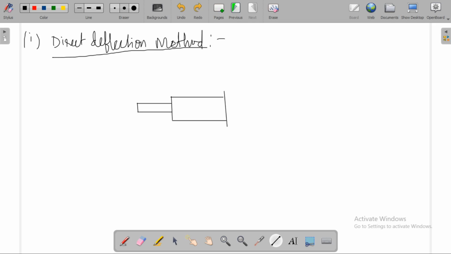Upon this insulating material, again we have conducting material or metallic sheath. The metallic sheath is nothing but conducting material.